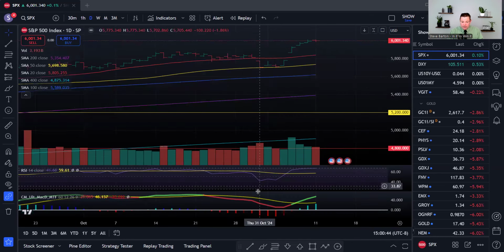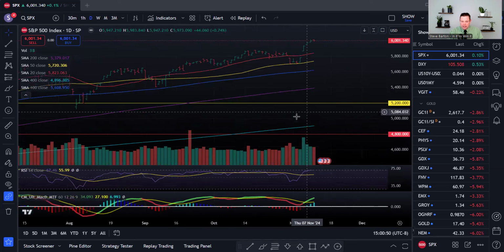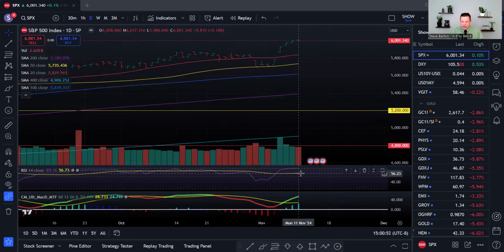Then if I expand this right down here, we have the RSI, which stands for Relative Strength Index. Basically what you need to know is that when it gets up around 70 or above, that generally means it's overbought. Too many people have bought it, and you're usually going to have a correction back down.